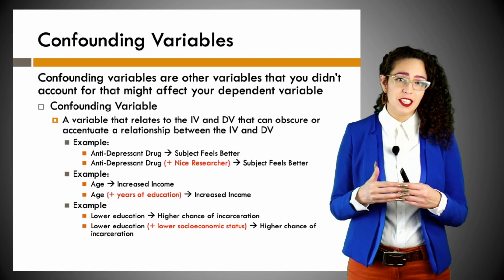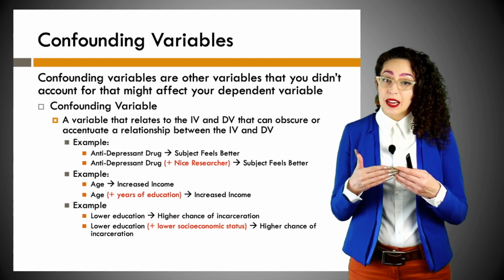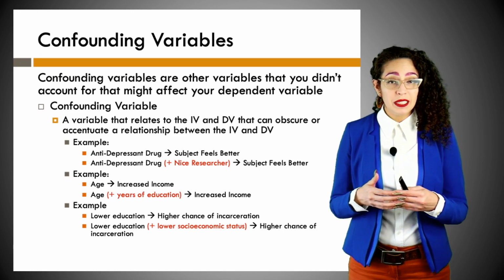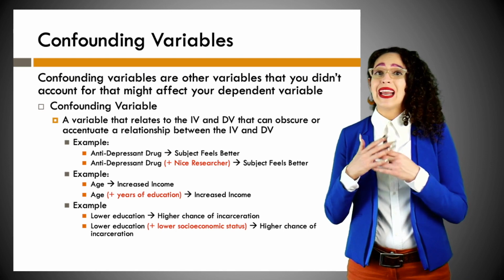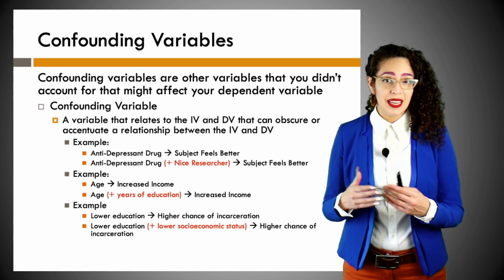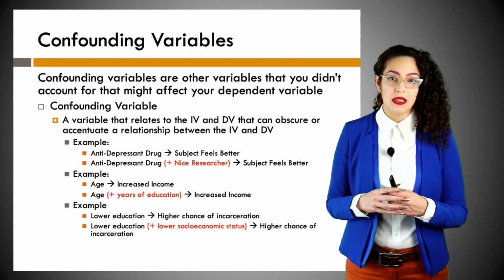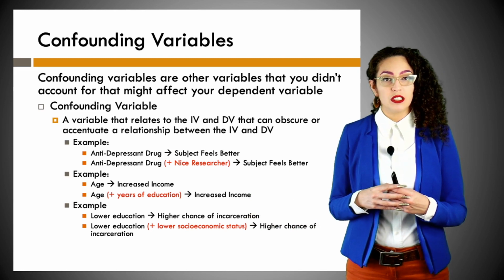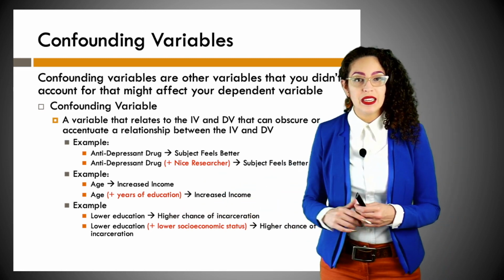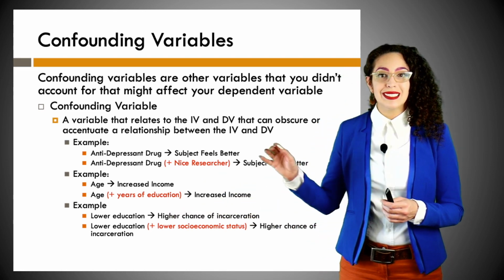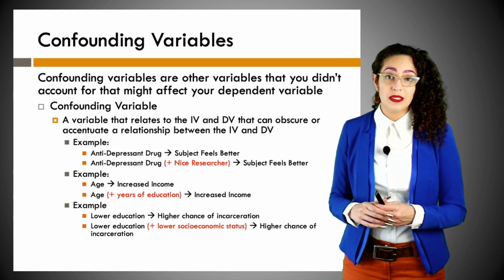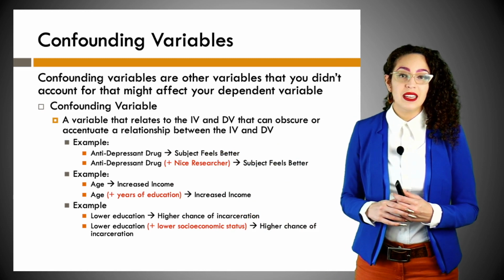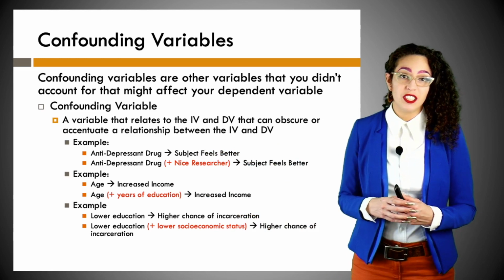So lower education, somebody who does not have that much education, is typically related with lower socioeconomic status. And that is related to a lot of other things, which then could maybe result in a higher chance of incarceration. But it's not just having a little bit of education, it's all the other things that probably resulted in you getting that lower education that maybe increase your chance of incarceration.